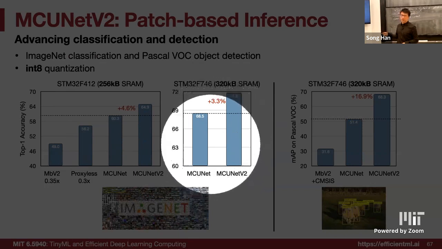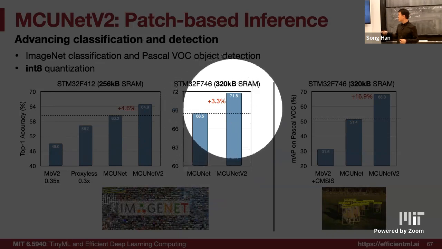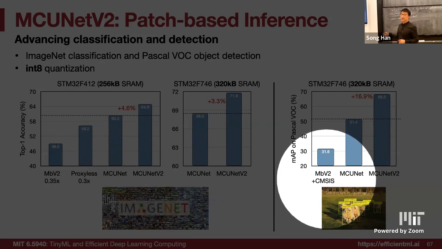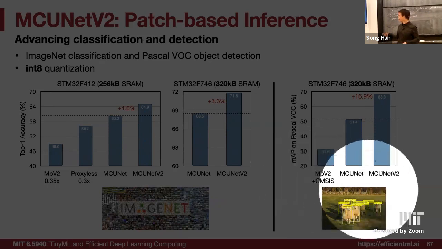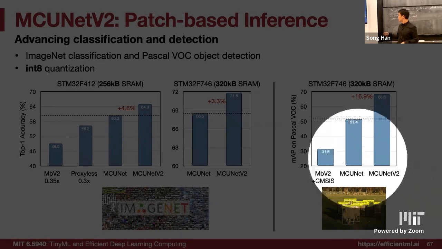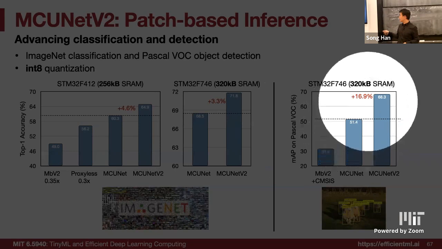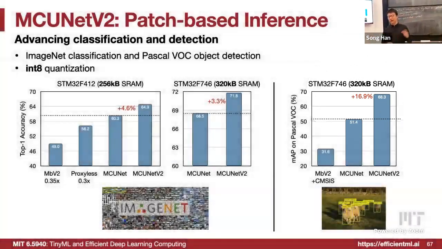Quite big improvement. Given the same memory, now we can fit a larger model, larger activation, so that the accuracy is higher. And this is MCUNet v2 plus CMSIS, which is an inference library from ARM. And this is MCUNet v2. This is the object detection accuracy, also a quite big double-digit improvement from MCUNet v1 to MCUNet v2.